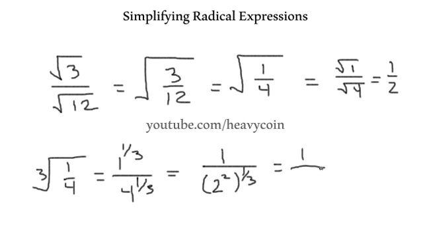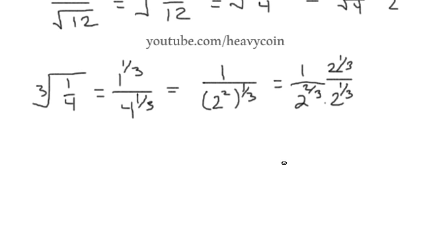Okay, so now we have 1 over 2 to the 2/3 times, now look what I'm about to do here, 2 to the 1/3. 2 to the 1/3, this is kind of a trick here on this particular one. 2/3 plus 1/3 is 1.